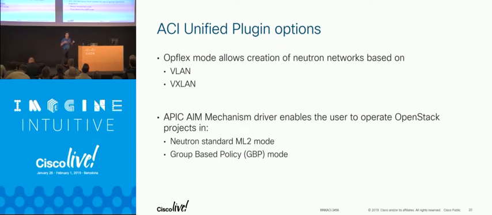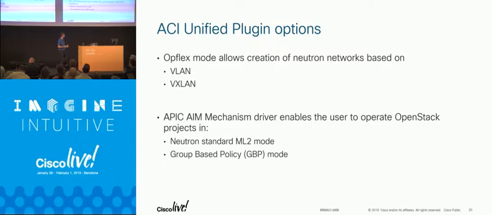You can operate in the standard Neutron API way. If you've been playing with OpenStack, which I'm sure you did, that means creating Neutron networks, Neutron security groups, Neutron subnets, using the standard API. You can keep using that. So even if you integrate with ACI, the operational model doesn't change.